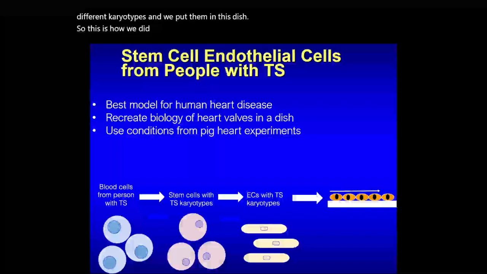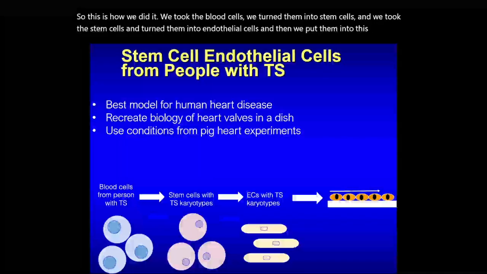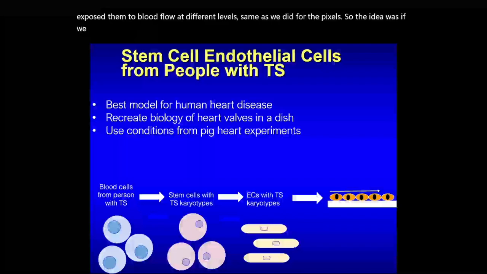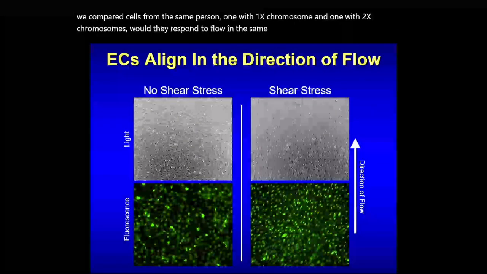We took the blood cells, we turned them into stem cells, and we took the stem cells and turned them into endothelial cells, and then we put them into this dish and exposed them to blood flow at different levels, the same as we did for the pig cells. So the idea was, if we compared cells from the same person, one with one X chromosome and one with two X chromosomes, would they respond to flow in the same way or different ways?